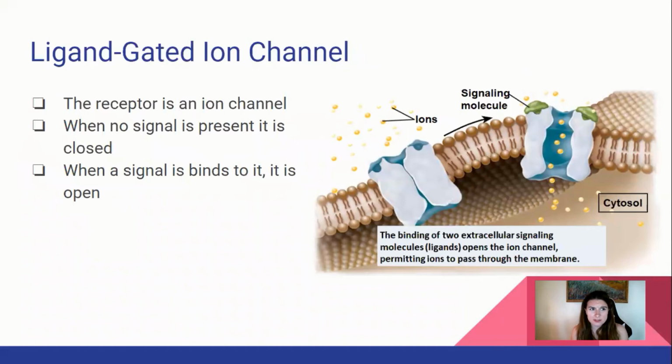This is different from our ligand-gated ion channel, which is our second type of receptor, also super important. So you should key into this word channel, right? We're talking about an ion channel. And we've talked about ion channels before. So when we're talking about channels, we talked about how they are membrane proteins that basically create a pore through the membrane that ions can travel through.